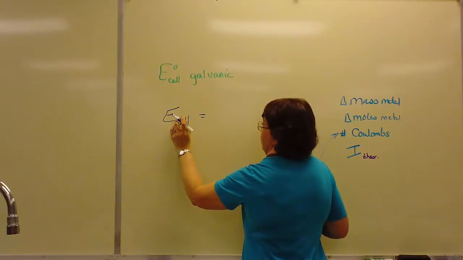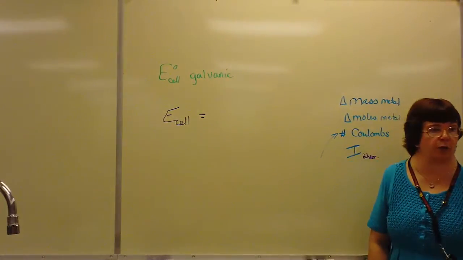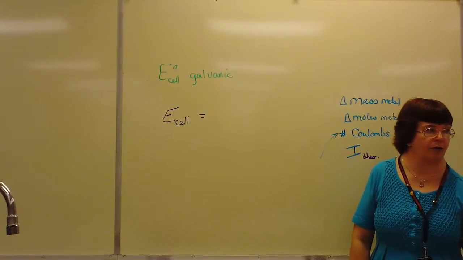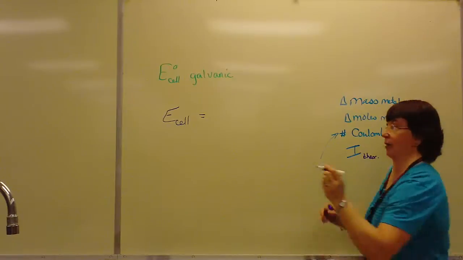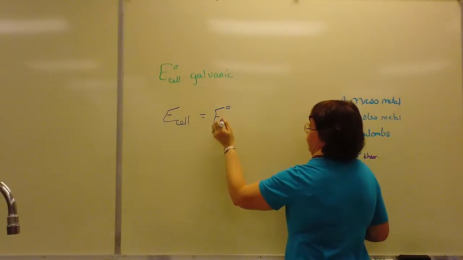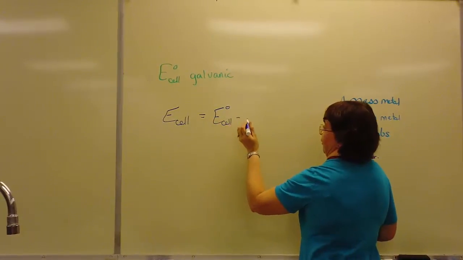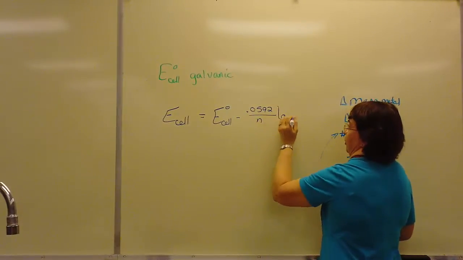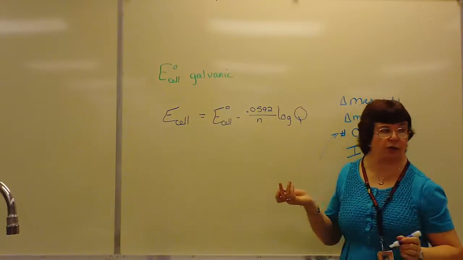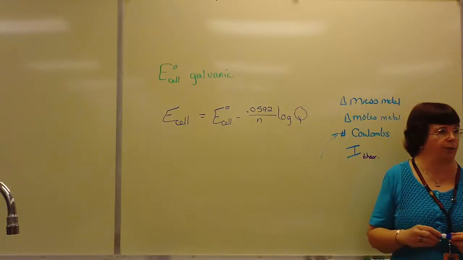I need to use the E0 to get there. Remember the equation? Good old Mr. Nernst gave it to us. E equals E0 cell minus 0.0592 over n times log of Q. And any questions on how to find Q?